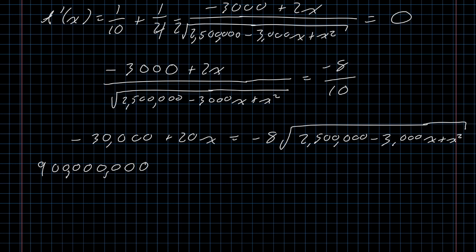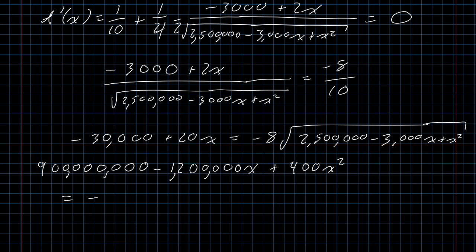And then we have 2 times negative 30,000 times 20, which is going to come out as minus 1,200,000, with 5 zeros on it, times x, and then we'll have 20x squared, which is 400 times x squared.